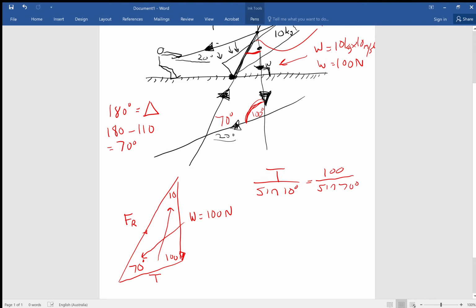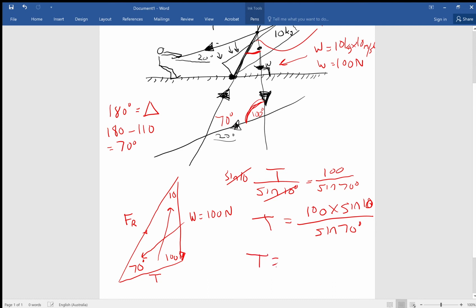So now we need to get rid of that sine 10 degrees. So we need to multiply both sides by sine 10 degrees. When we do that, we end up with T, because the sine 10 degrees cancels down. So we get T equals, and we need to multiply this side by sine 10 degrees to keep the equation balanced: 100 sine 10 degrees over sine 70 degrees. Solve that and you'll get an answer that will be in newtons.